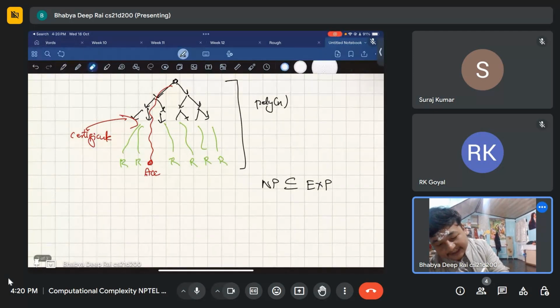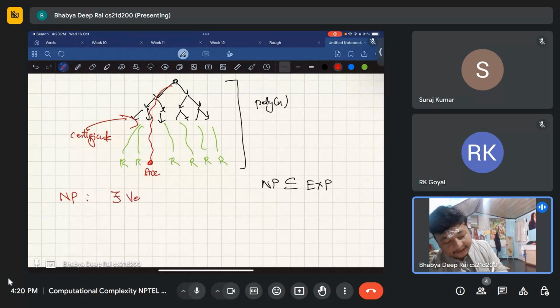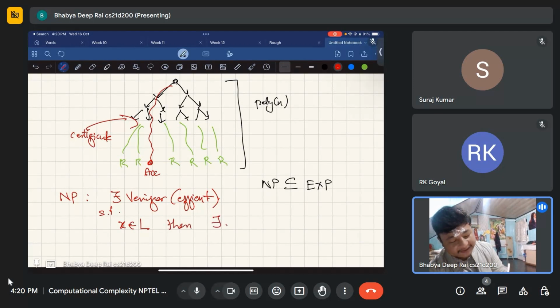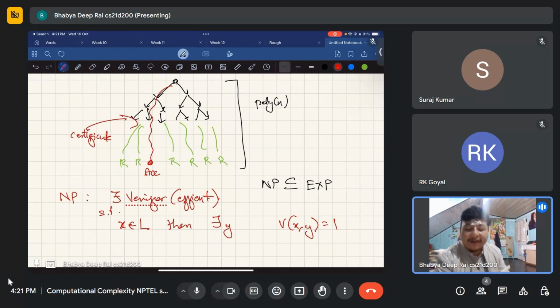The certificate definition is that NP means there exists a verifier which is efficient, which means a polynomial time verifier, such that if x belongs to the language L, then there will definitely exist a certificate such that my verifier machine will say yes. So this is the verifier definition.